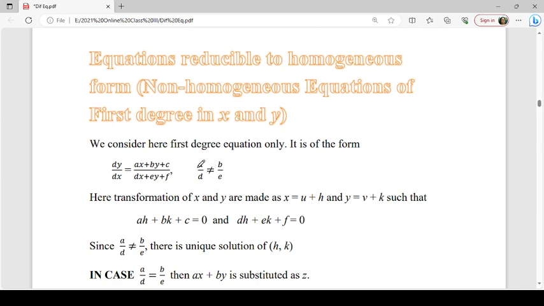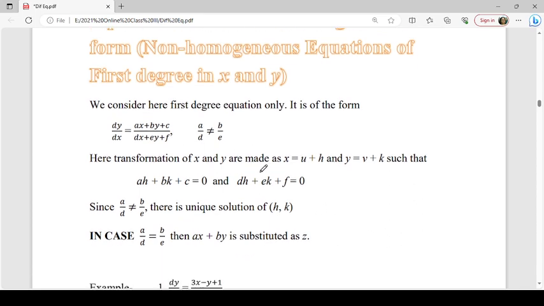So coefficient means the coefficient of x is a and d, so a by d. Coefficient of y is b and e, so it is b by e. And first we assume it is not equal. So not equal means we substitute x is equal to u plus h and y is equal to v plus k.